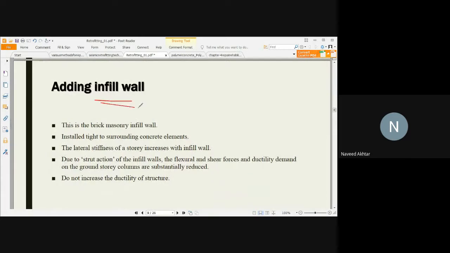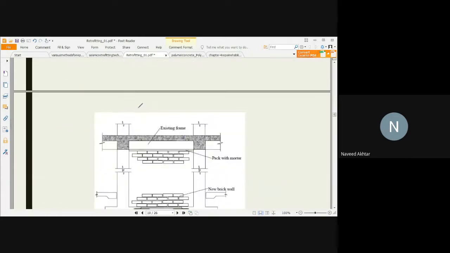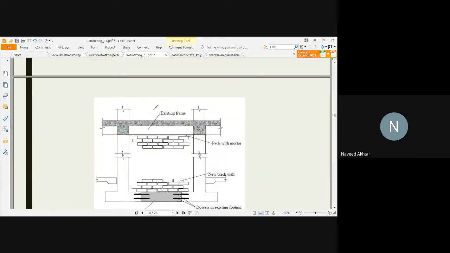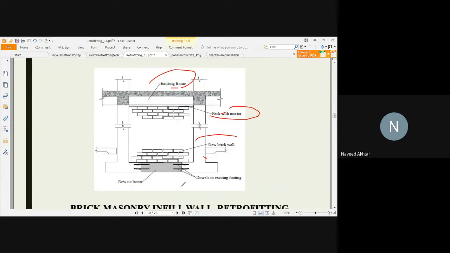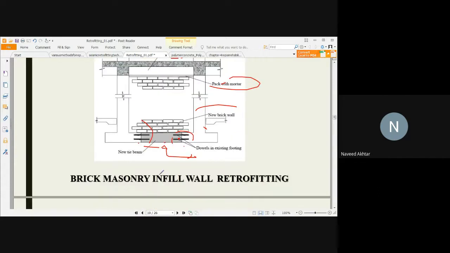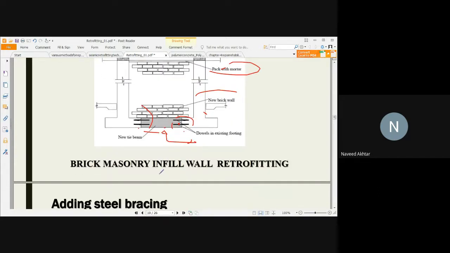Adding the infill wall: over the opening, this is the existing frame, backed with mortar, a new brick wall, and then dowels are joined here with the additional new beam. You can see the retrofitting of the masonry infill wall.